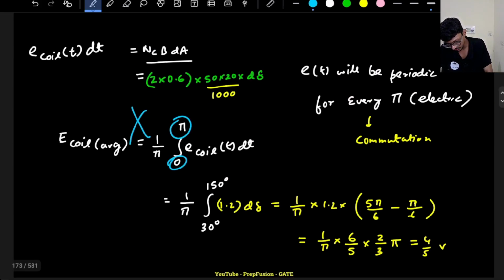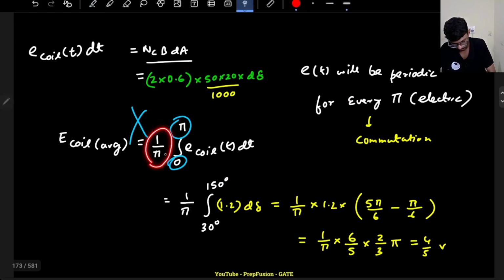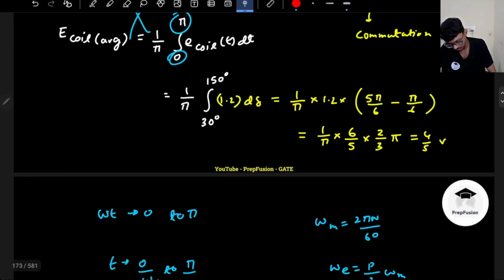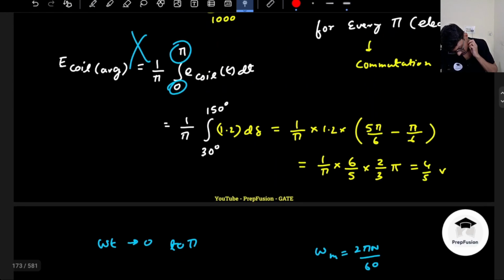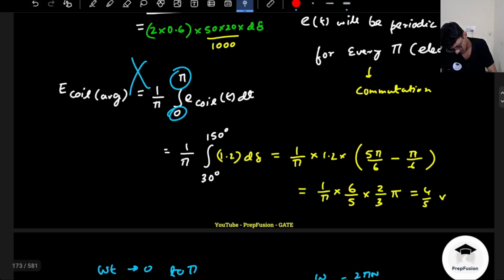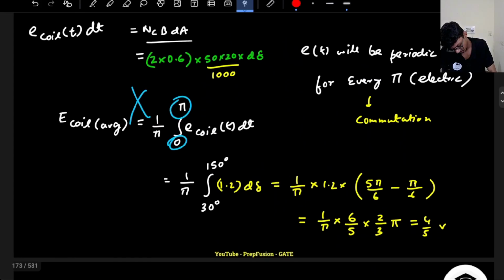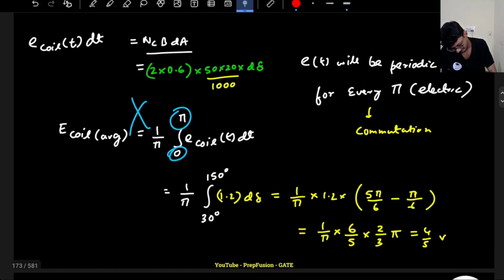So here, right, instead of this 1 by pi, this is wrong actually. This is wrong. The limit should be, I will write the proper limits here actually. Yeah, I will write the proper limits here. This will be pi by omega and this, right, 30, yes.